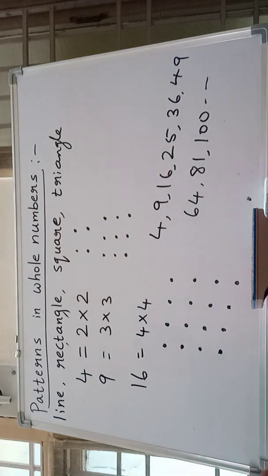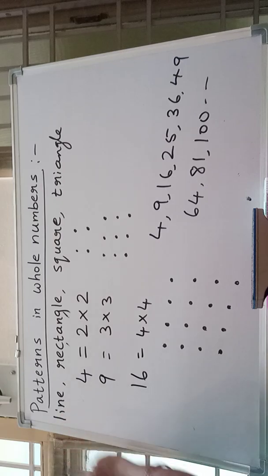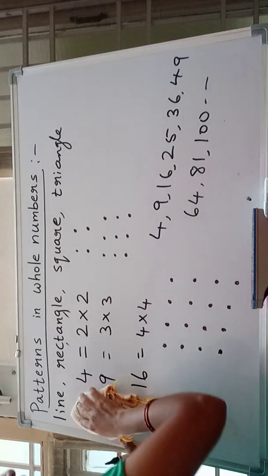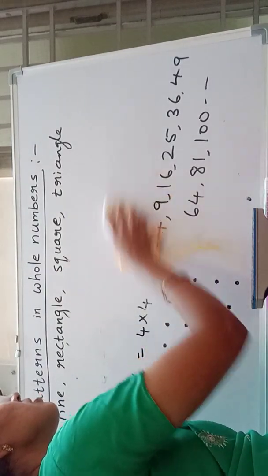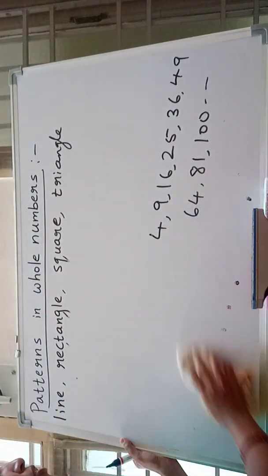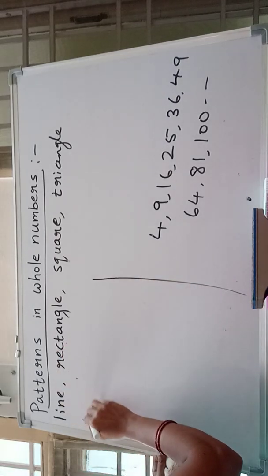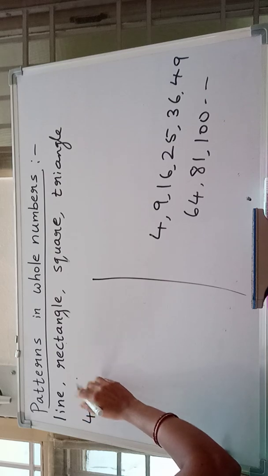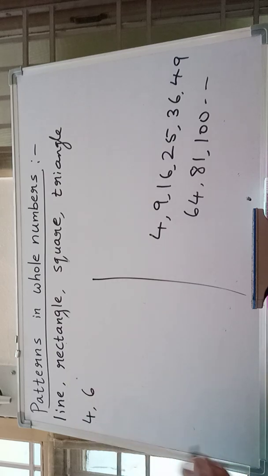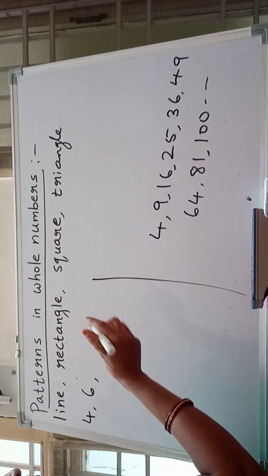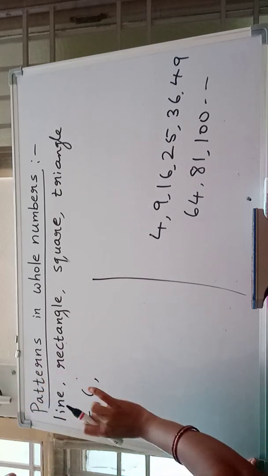Once again I will recall. Line: every number except 1 we can show in line shape. Now rectangle: if we can write the number as a product of two numbers, then rectangular shape is possible. What are the examples? 4. Then 6, 2 threes are 6. 7, 7 ones are 7, not possible. 7 is a prime number.